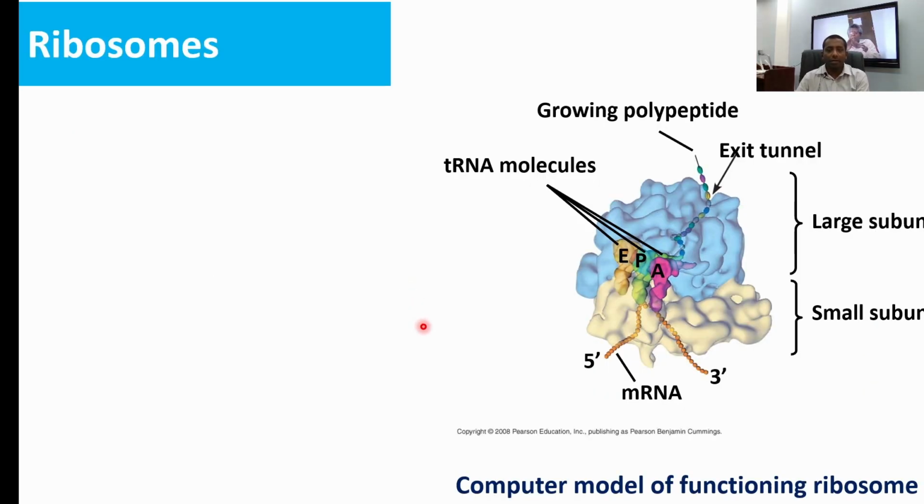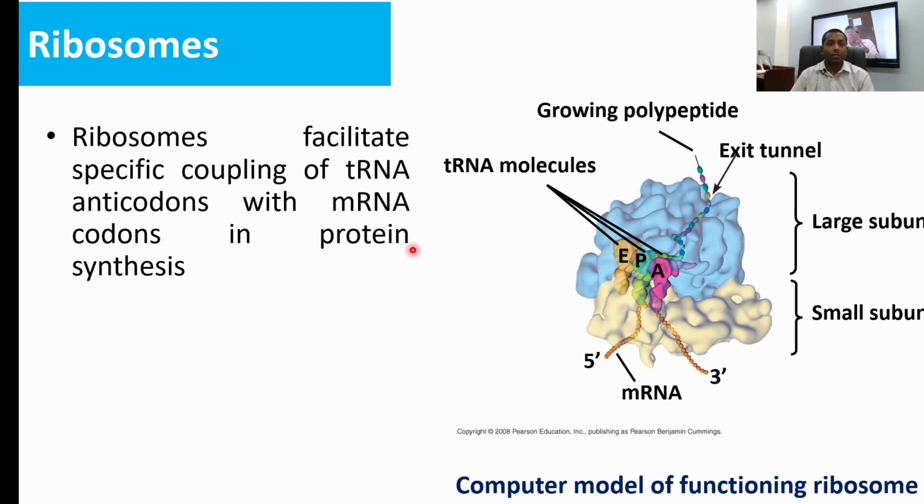So let's see what ribosomes are, because ribosomes are the structures involved in the translation stage. Ribosomes facilitate specific coupling of tRNA. What are tRNAs? tRNAs are the transfer RNAs. They facilitate the coupling of tRNA anticodons with mRNA codons in protein synthesis.